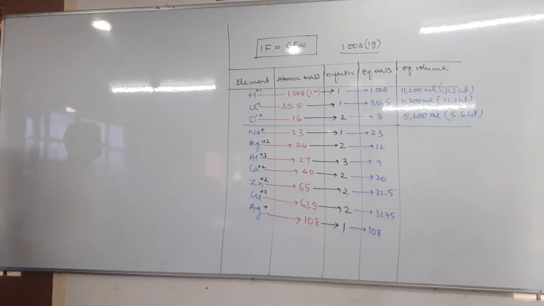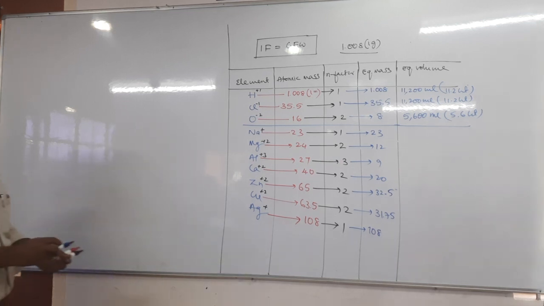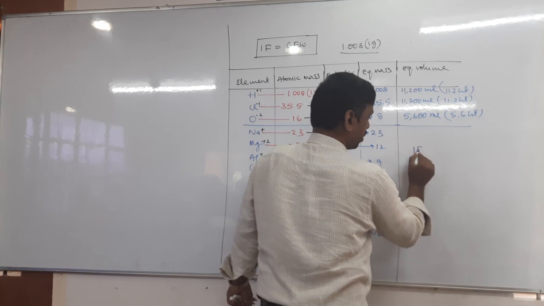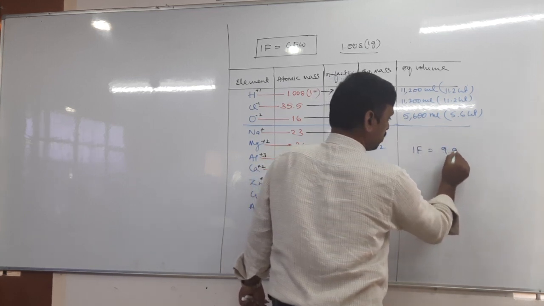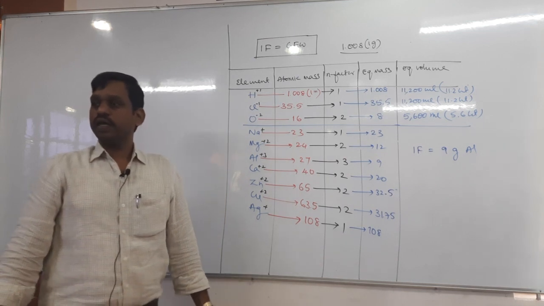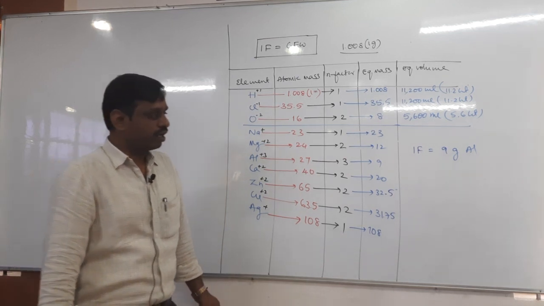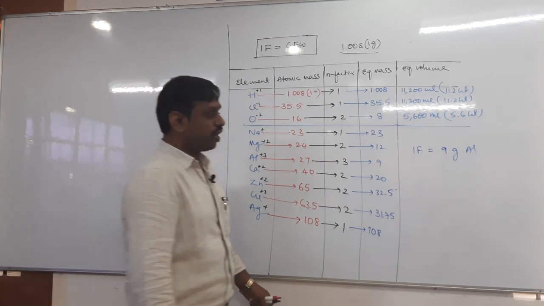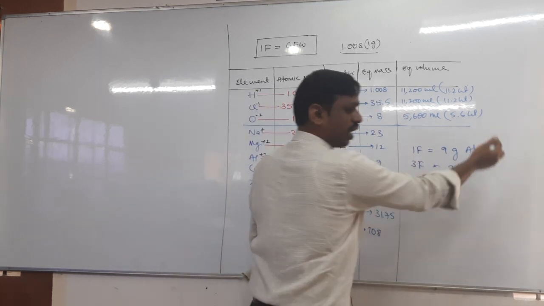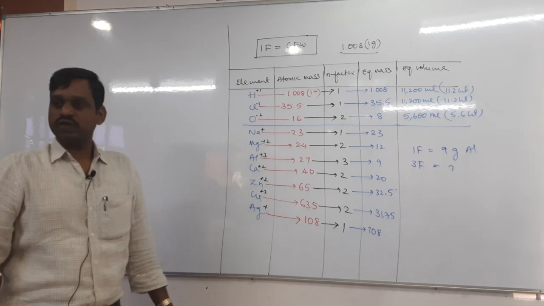Tell me, so why? Here 1 Faraday of electric current equals 9 grams of aluminium, because 1 Faraday equals the gram equivalent weight. Aluminium gram equivalent weight is 9. So 1 Faraday equals 9 grams, then 3 Faraday equals 3 into 9, which is 27 grams.